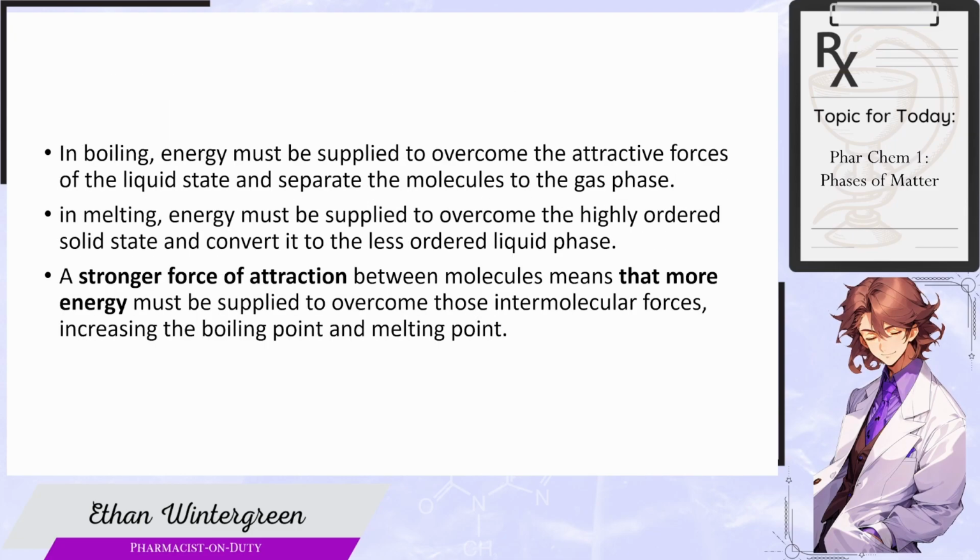So take for example, in boiling, energy must be applied to overcome the attractive forces. So if you have a stronger attractive force, you need more energy. If you need more energy, you need more heat, and if you need more heat, you need a higher temperature. The same applies to melting. So a stronger force of attraction between molecules means that more energy must be supplied.